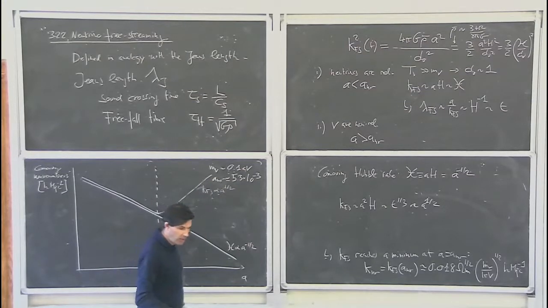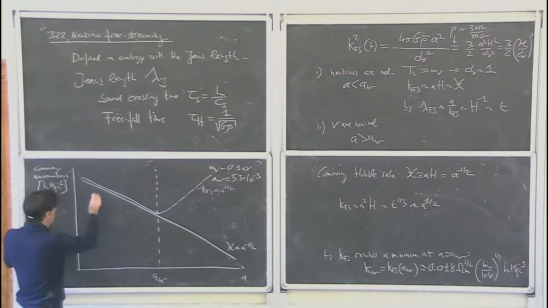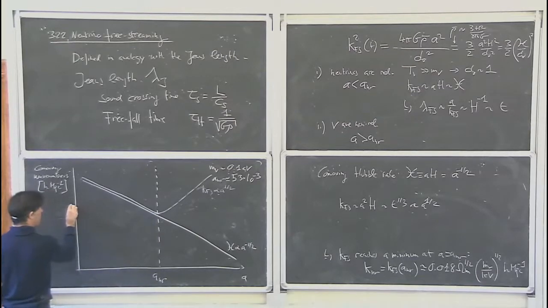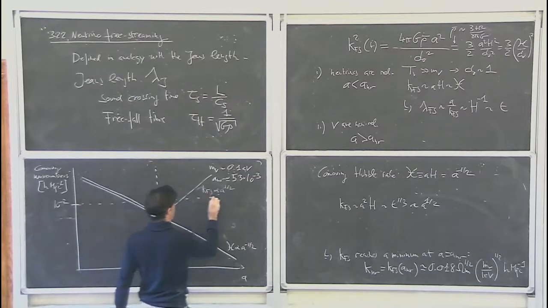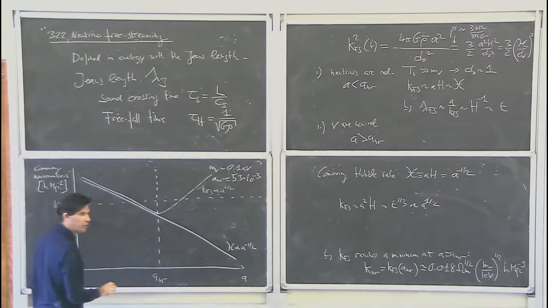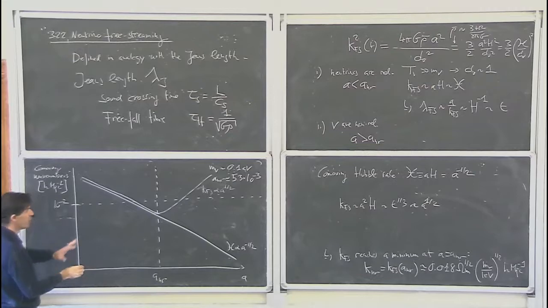Okay, so now what would happen to perturbations? So let me just now put some scale here. So here you would have something like 10 to the minus 2 for, say, a realistic value of the neutrino mass, okay? Let's say over 0.1 eV, 0.2.